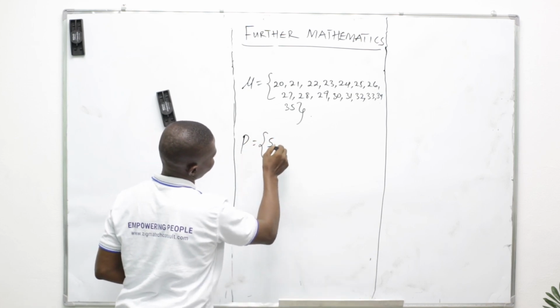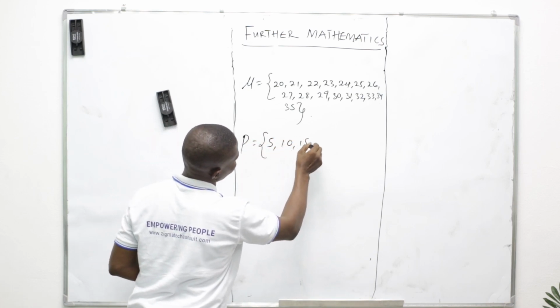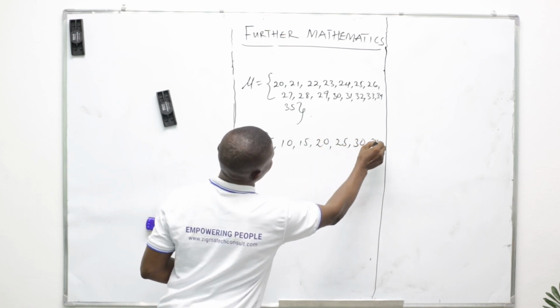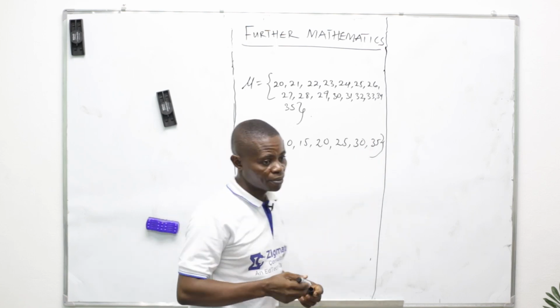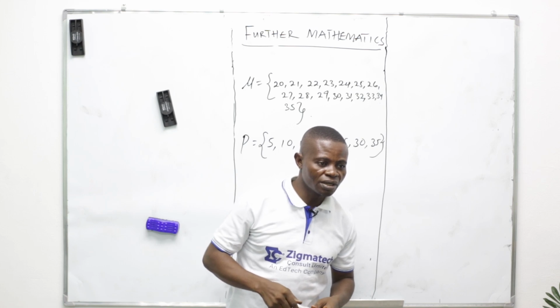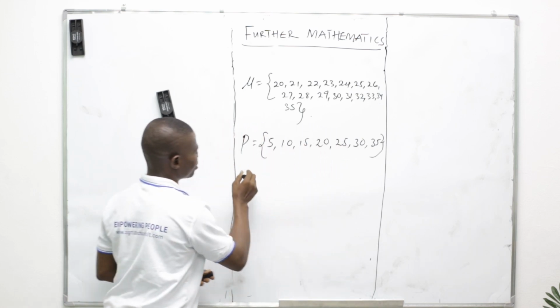multiples of 5: 10, 15, 25, 30, 35, okay? Then let us list Q, multiples of 3.